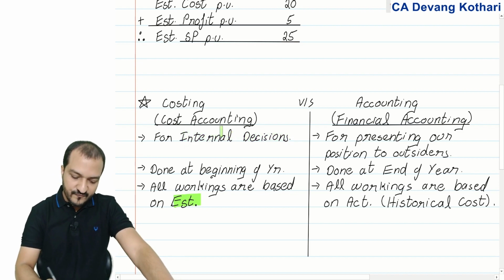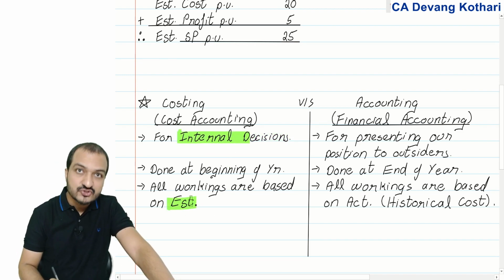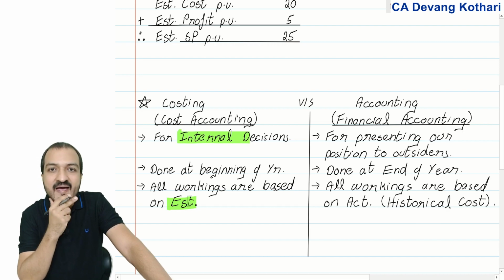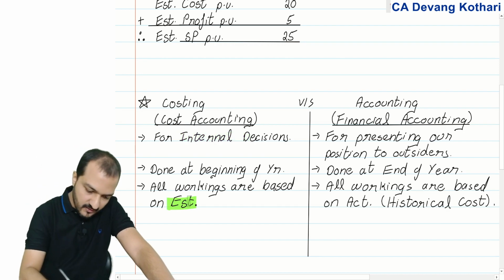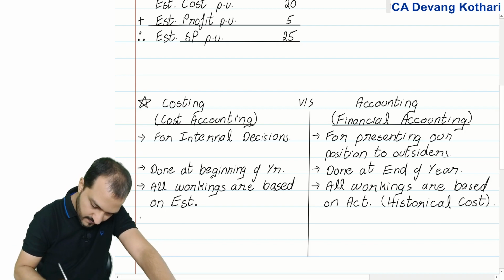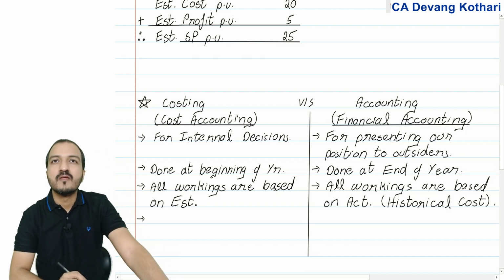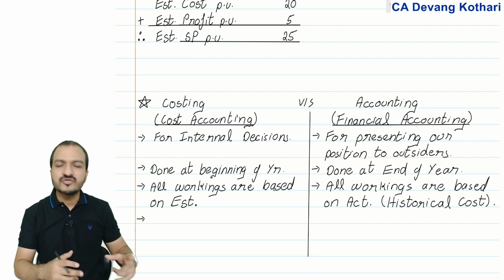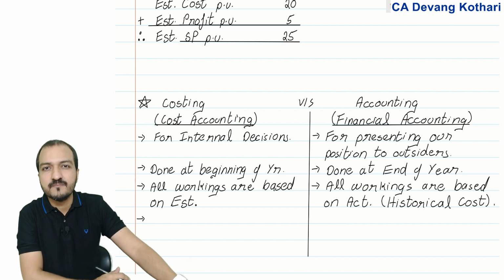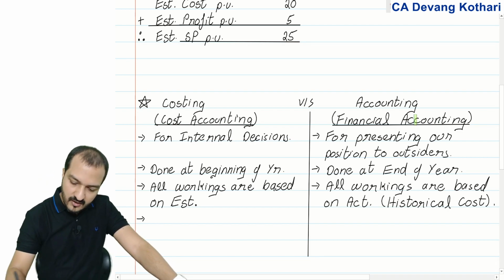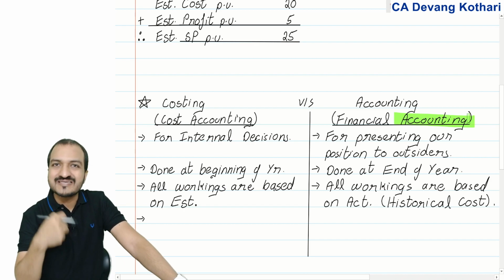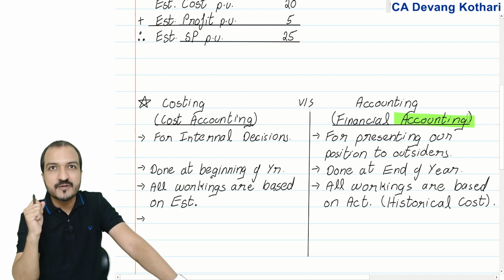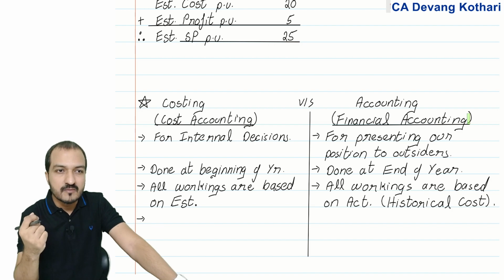Now, if it is for internal decisions, it is based on estimates, well, that makes you think: for my subject of costing, are there any laws or regulations applicable? Like for your subject of accounting, there are many laws and regulations applicable. What laws or what regulations are applicable in accounting subject?